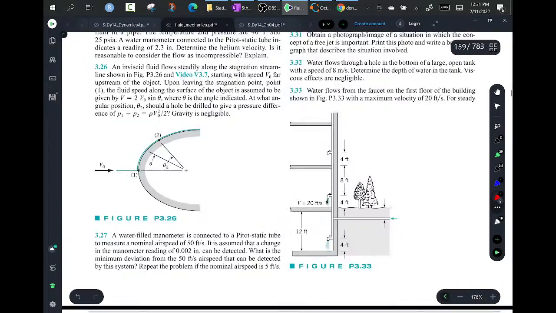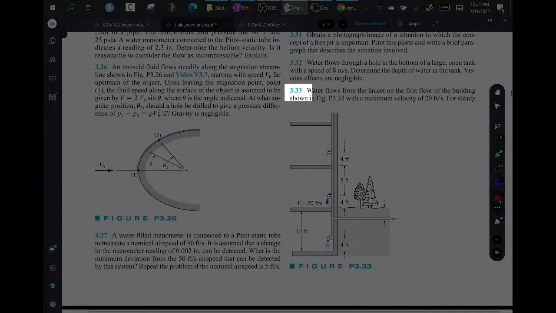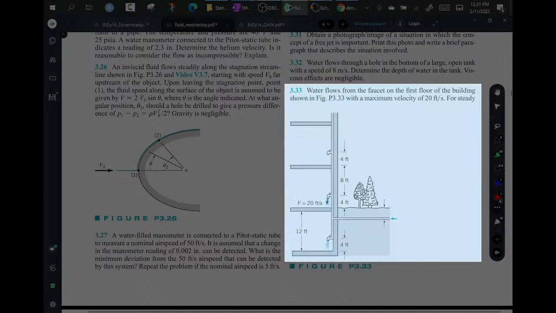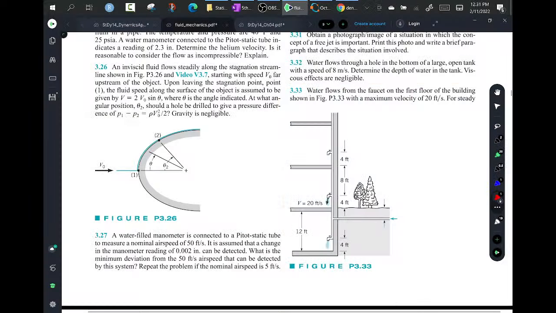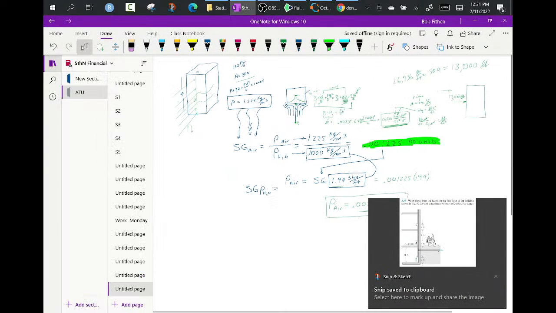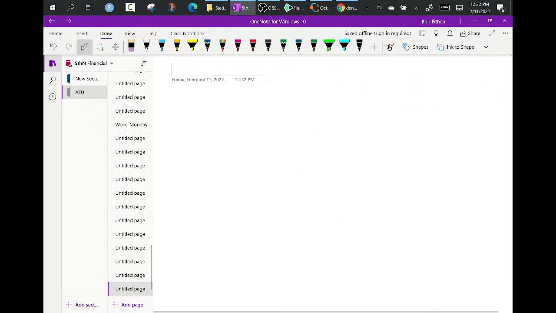What's that one? Okay. That's what I'm going to do for this class. I think I'll just, I'm going to add some papers here.